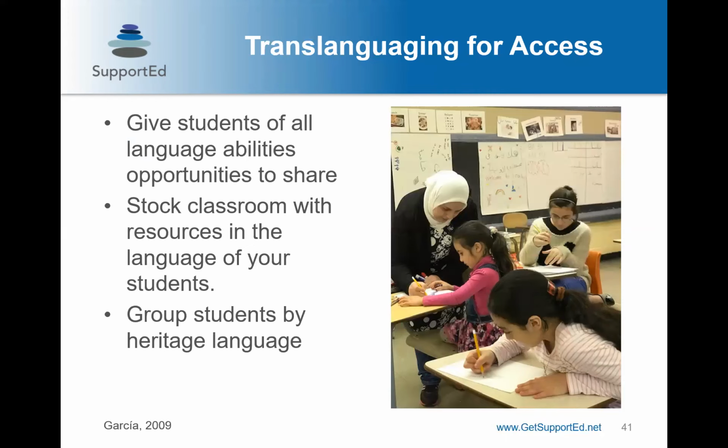Some ways that teachers in the Syracuse City School District have utilized translanguaging for students to access complex texts include grouping students by heritage language and giving them opportunities to engage with each other, to discuss text at length in their heritage language, and then bring that back to English. The idea is that by emphasizing both languages in a positive light, it allows children to learn new concepts and creates a really welcoming and validating learning environment.